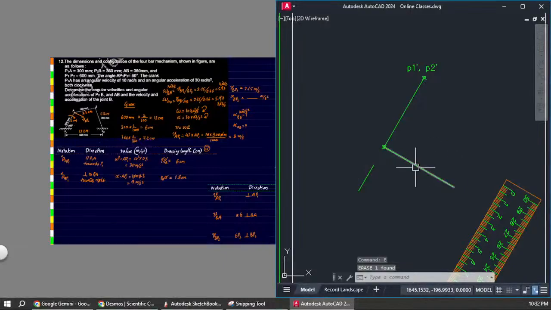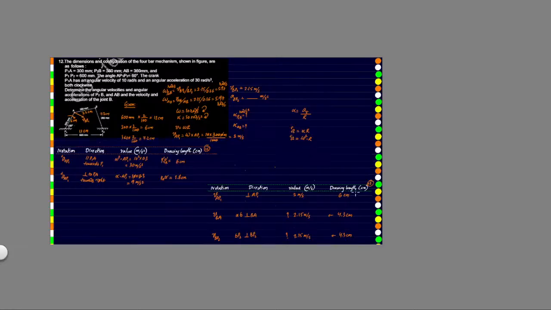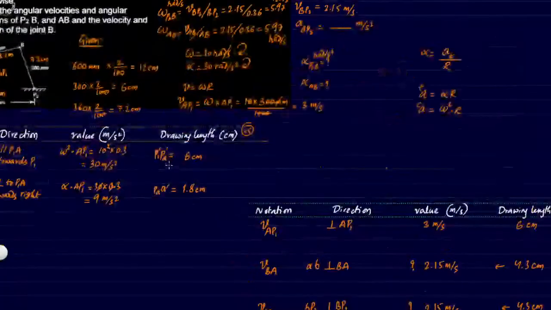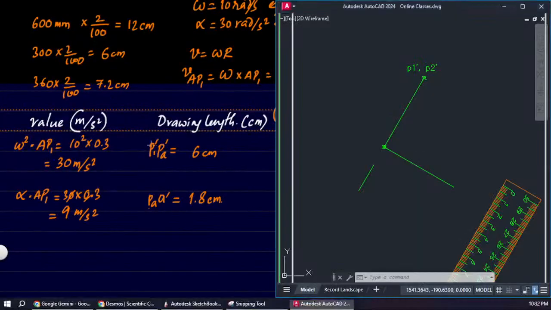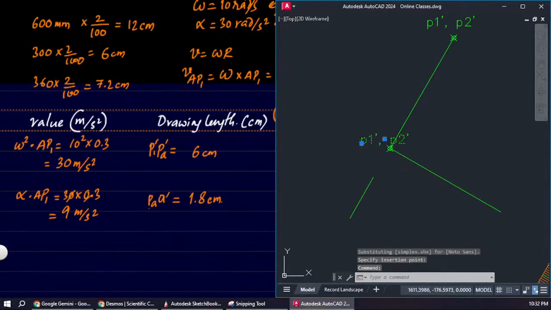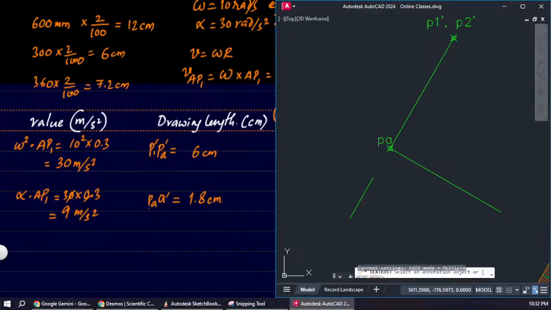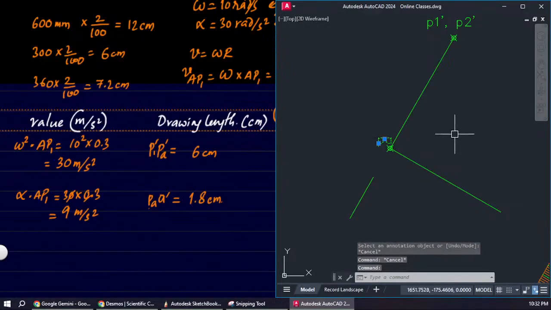Yeah, so this line is perpendicular. The point that we got is a temporary point, so we will call this point small pa.